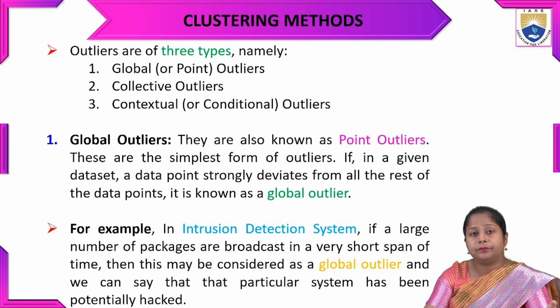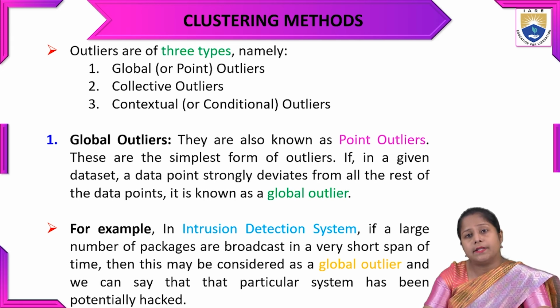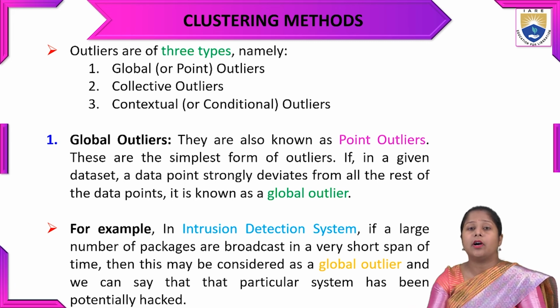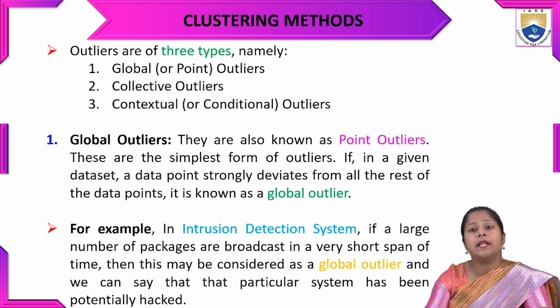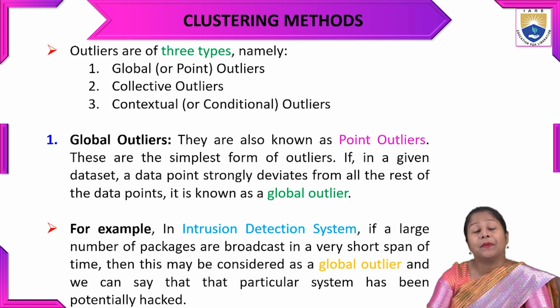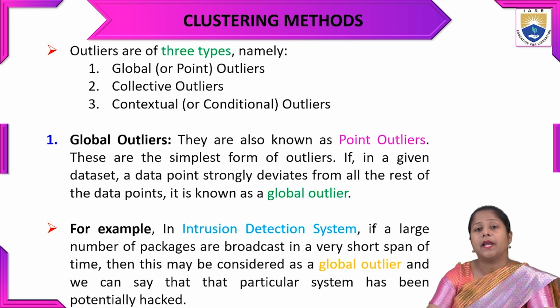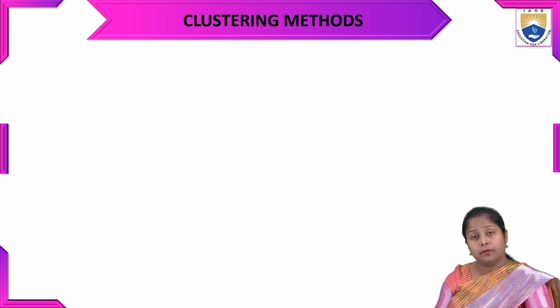For example, in an intrusion detection system, if a large number of packets are broadcast in a very short span of time, this can lead to a global outlier. So we can say that particular system has potentially been hacked.